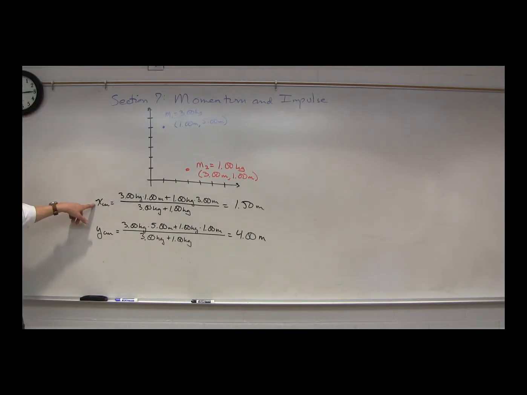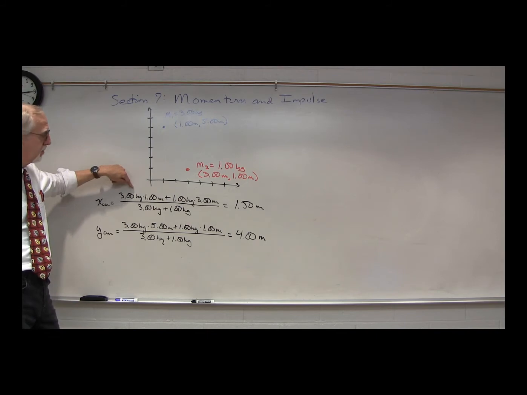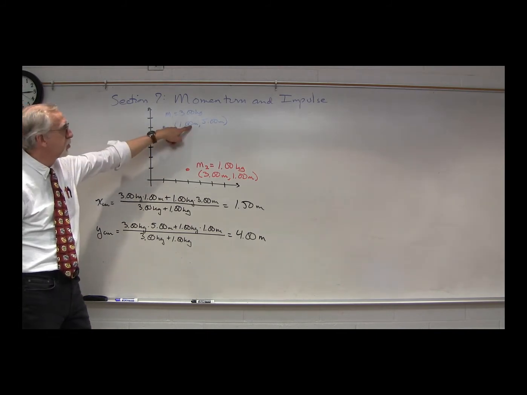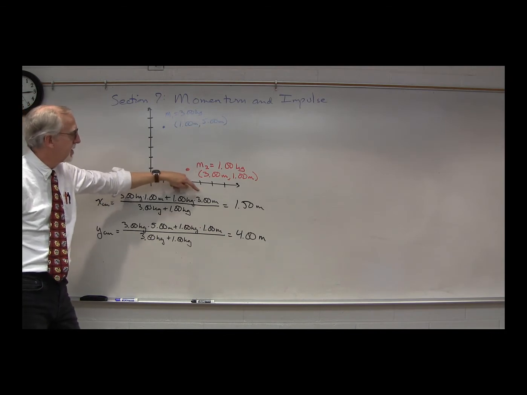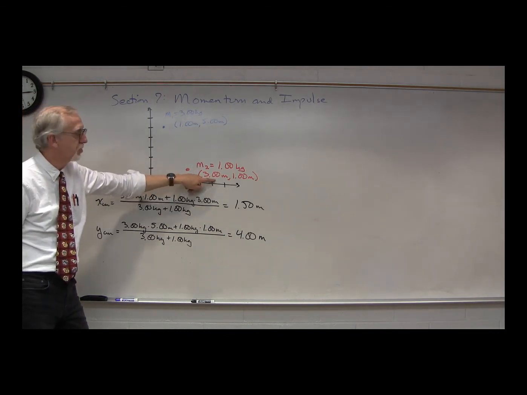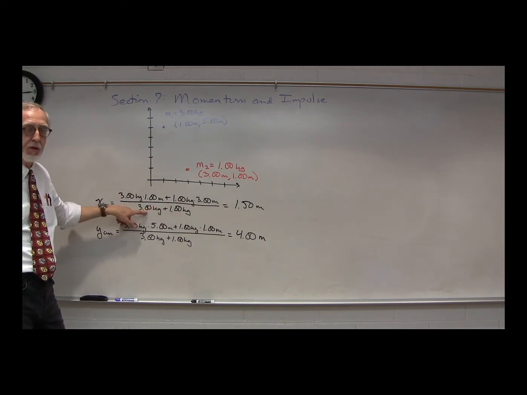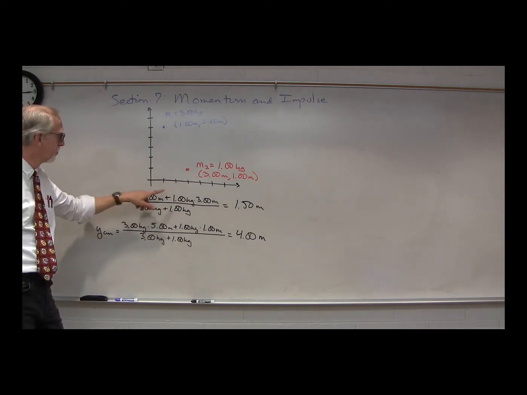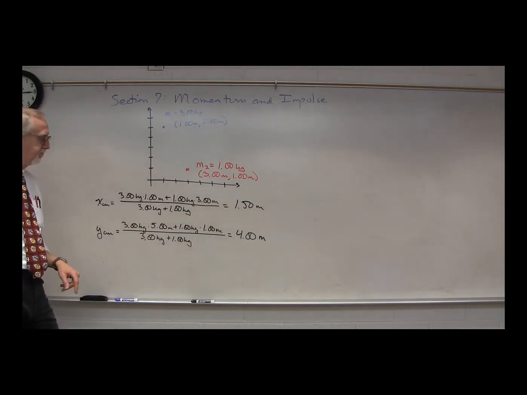Well, the x coordinate for the center of mass will be m1, 3 kilograms, times x1, which is 1 meter, plus m2, which is 1 kilogram, times x2, which is 3 meters, over m1 plus m2, 3 kilograms plus 1 kilogram. Multiply that out, and we get 1.5 meters.